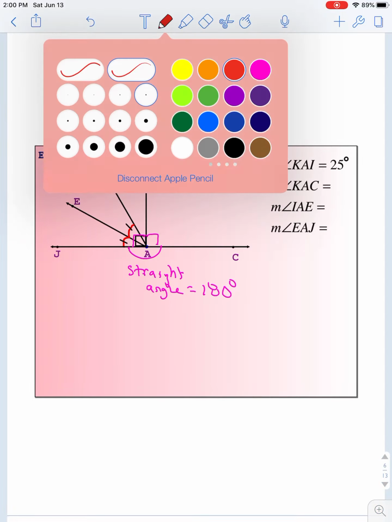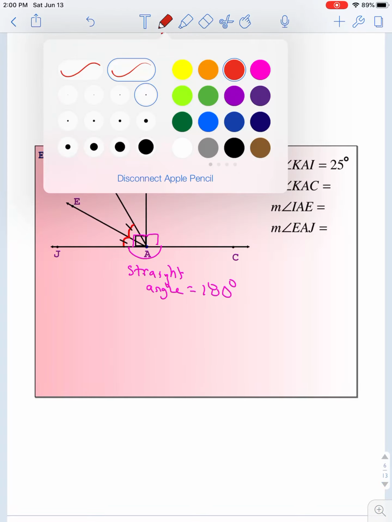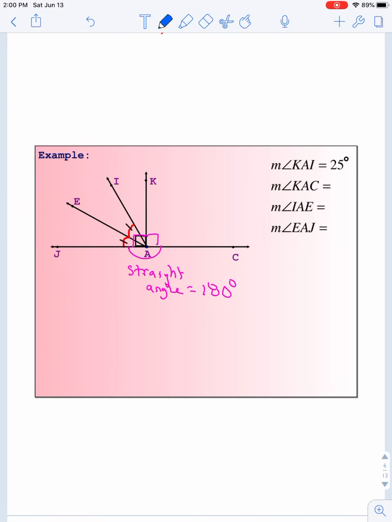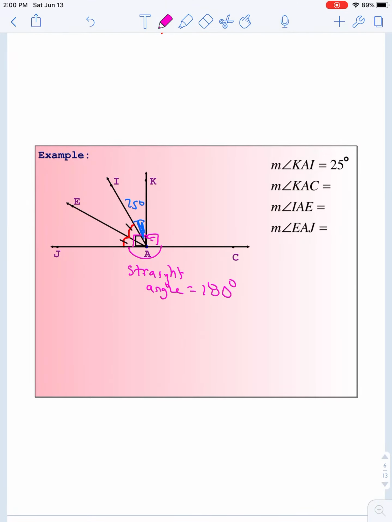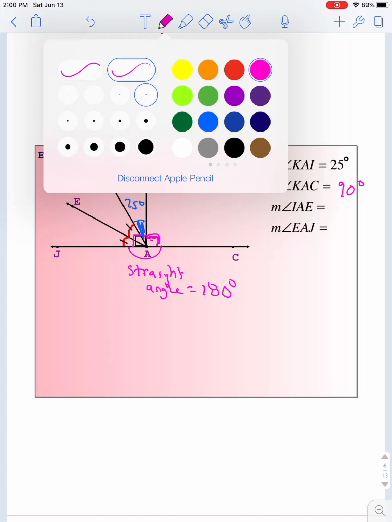They gave us that angle KAI, this angle right in here, is 25 degrees. So now they want us to find KAC. Well, we already found KAC because we already noticed that we had a right angle on one side, so there has to be a right angle on the other in order to make the straight angle of 180. So that is just 90 degrees.